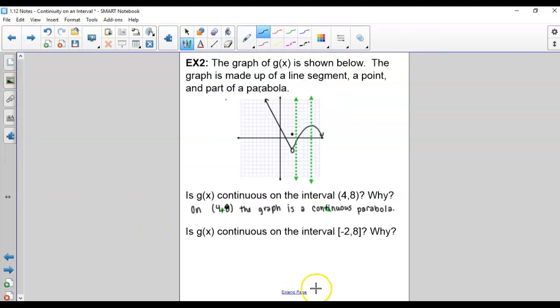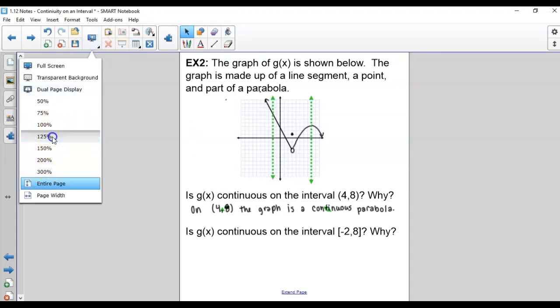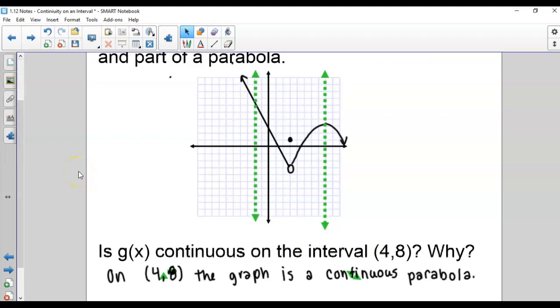If we change that question and make it from -2 to 8, so -2 is right here, Destiny, is that function continuous from -2 to 8? It is not. Where does it have a discontinuity, Destiny? 3.